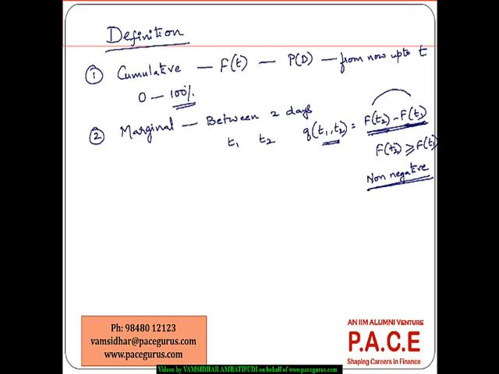At the worst case, it can be 0, but it cannot be negative, which means the cumulative probability cannot be a decreasing function. It has to be monotonically increasing, because I really don't want my marginal default probabilities to be negative. So that is the definition of probability of default. We will be using two definitions, one being the cumulative, the other being the marginal.